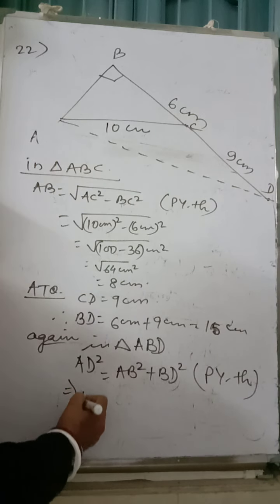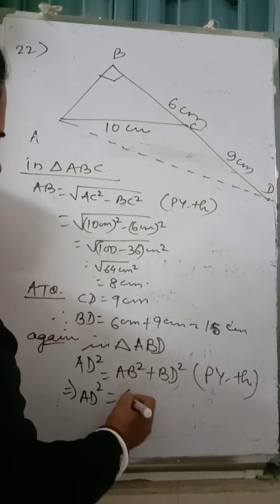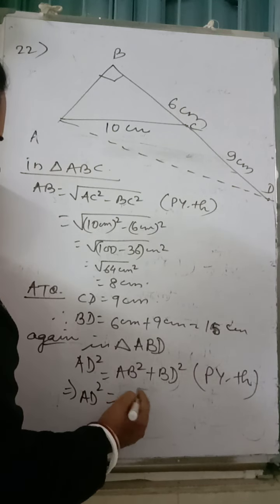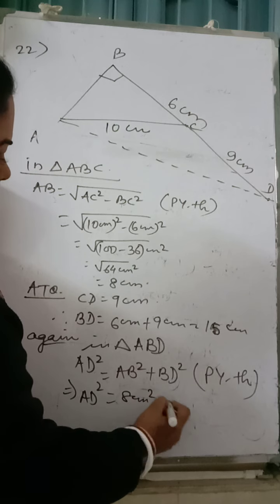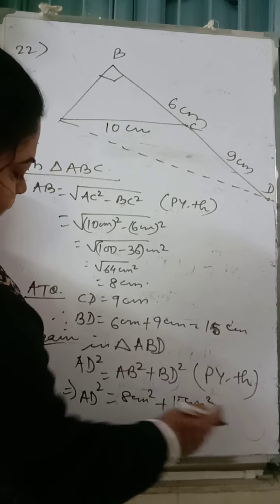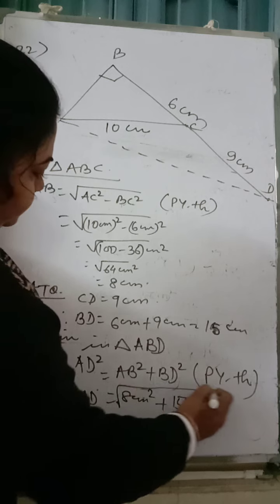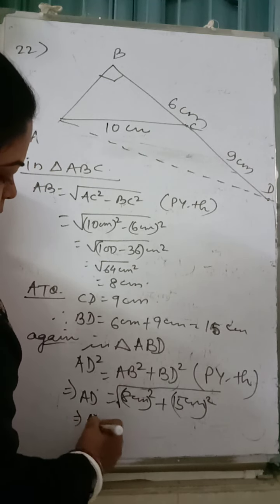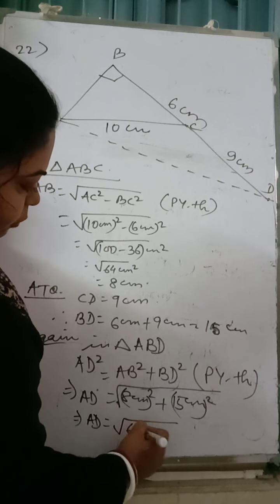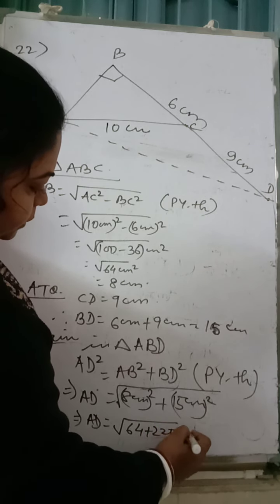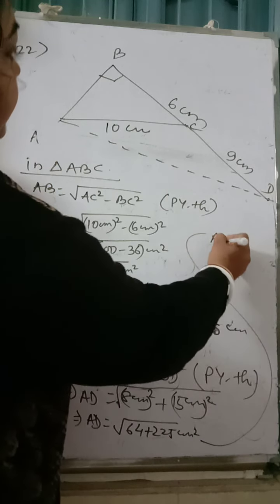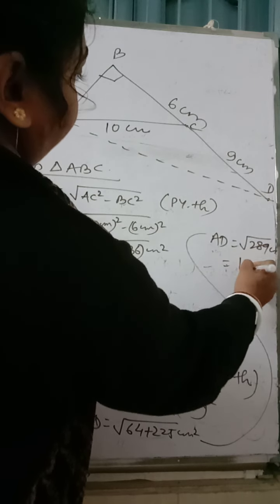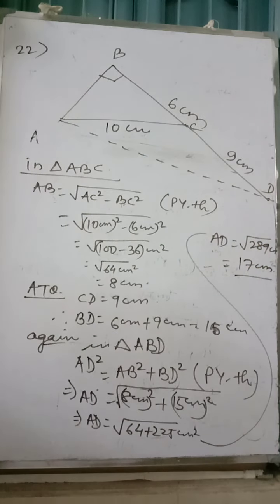Or AD square is equal to AB is 8 centimeter whole square plus 15 centimeter whole square, or AD square is equal to 64 plus 225 centimeter square. AD is equal to under root 289 centimeter square, or 17 centimeter is the length of AD.